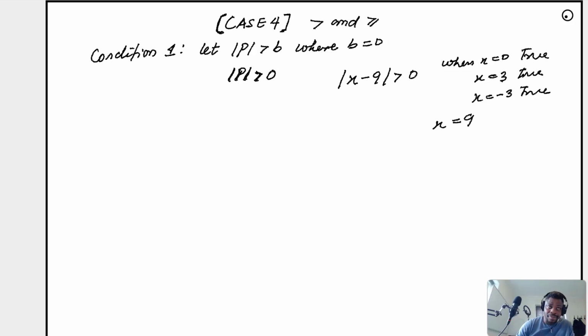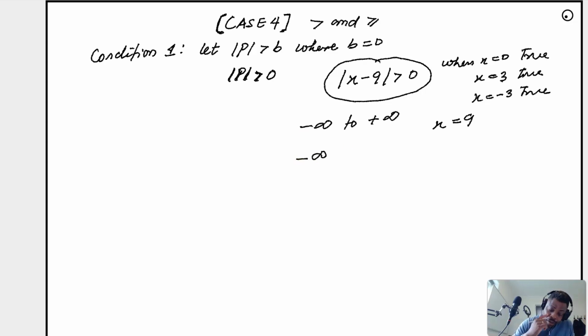So it tells you that every other real number is going to work except x equal to 9. Which simply means that if I were to solve this, the solution is all real numbers, from minus infinity to plus infinity, except x is equal to 9.